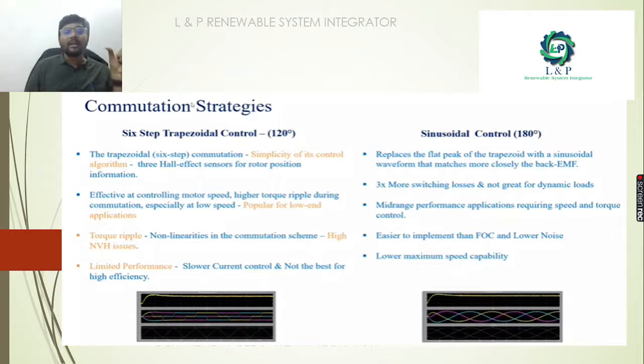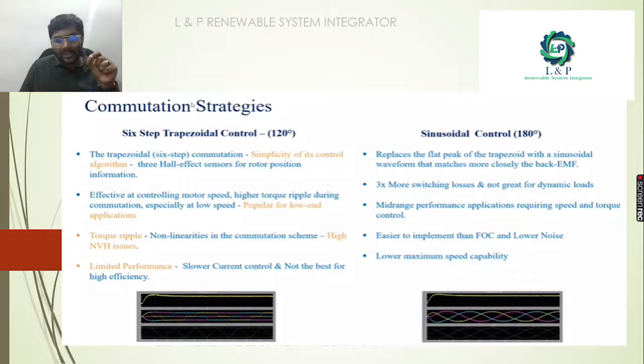In trapezoidal control, the angle difference will be around 120 degrees, but for sinusoidal it will be around 180 degrees. For trapezoidal the algorithm is very simple, but for sinusoidal it is a little complicated. For lower end applications we can go for trapezoidal control, but for the higher end we can go for sinusoidal.